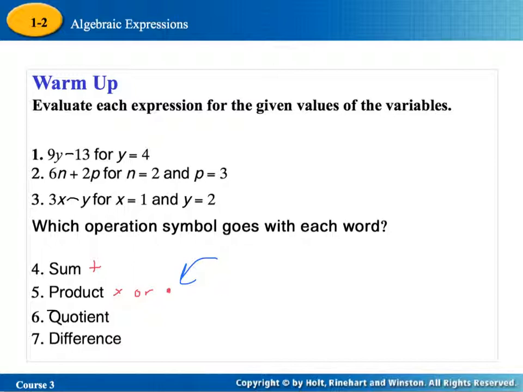A lot of people don't like the word quotient because they're not quite sure what it means. But whenever you see the word quotient, I don't want you to be afraid of it, just know that you are dealing with a division problem. Last but not least, we have difference. We are going to be dealing with a subtraction problem when we deal with difference.